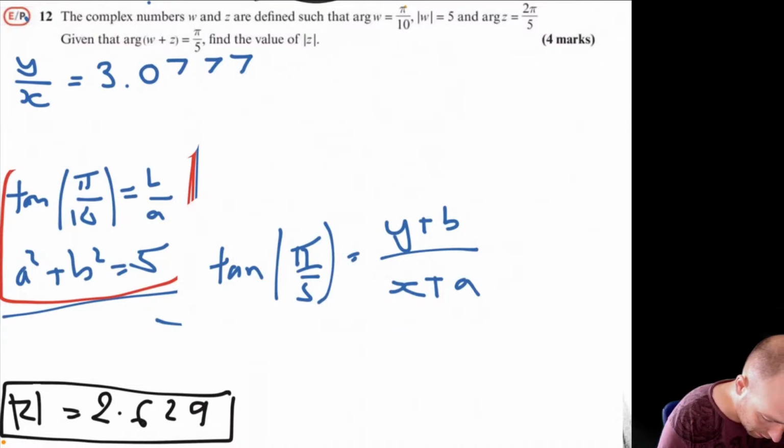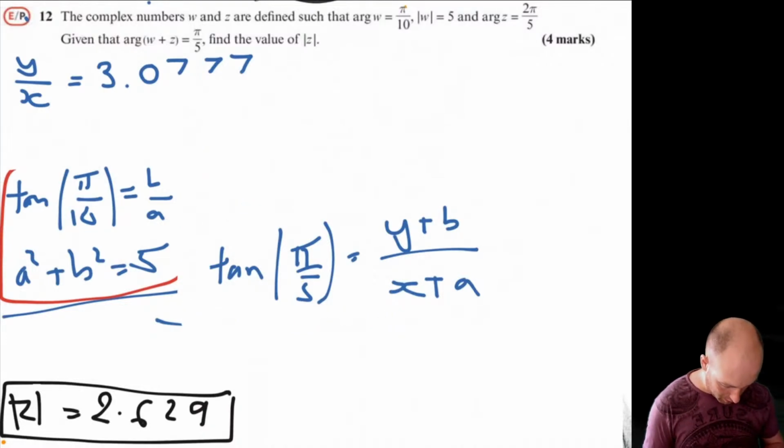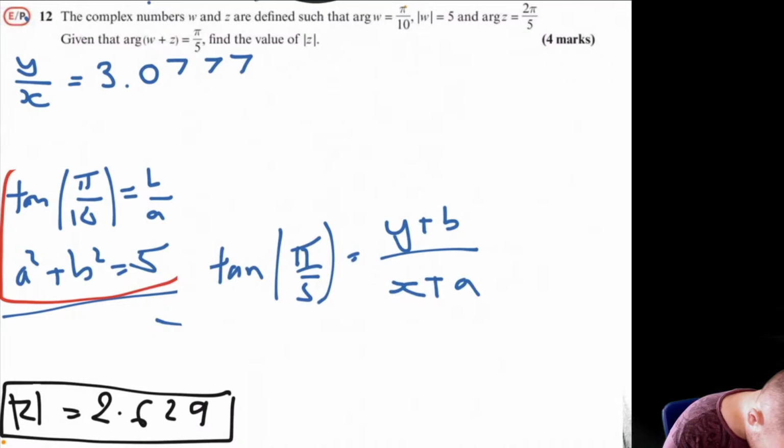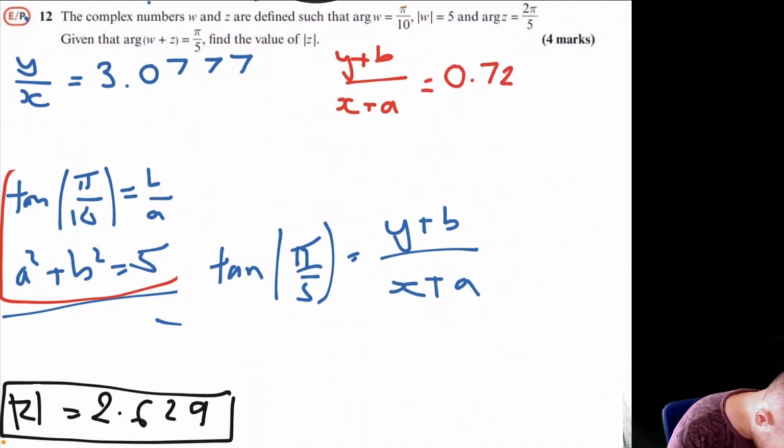You can see down here, tan of pi by 5 is this other bit, so tan of pi by 5, which is something horrible. So y plus over x plus a is 0.7265.